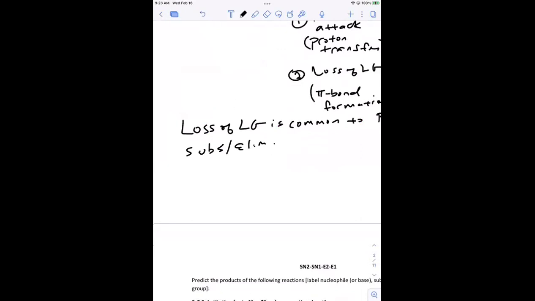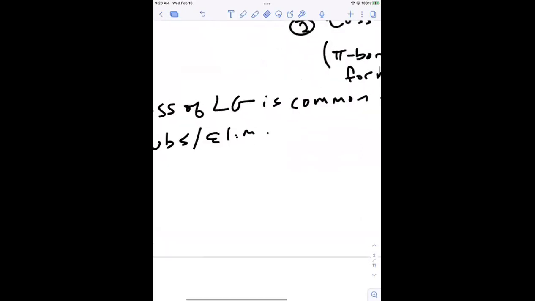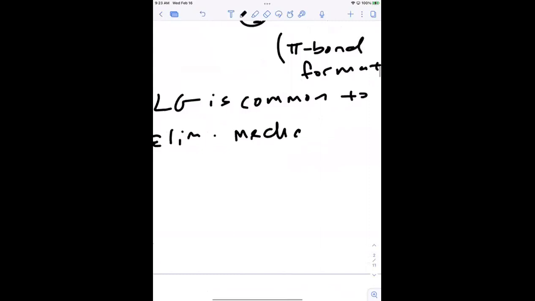To both substitution and elimination mechanisms. Right?